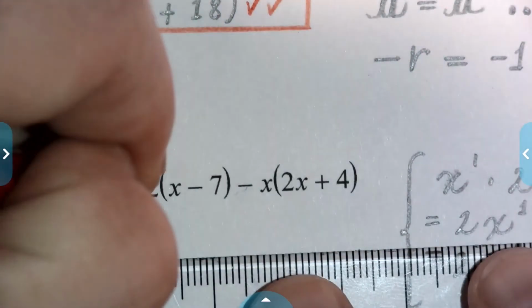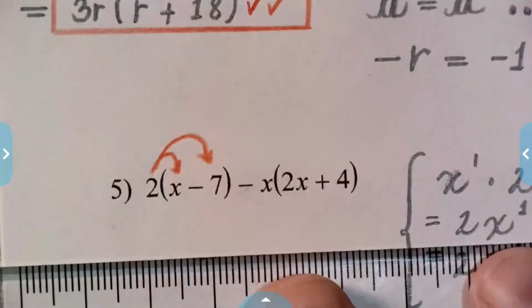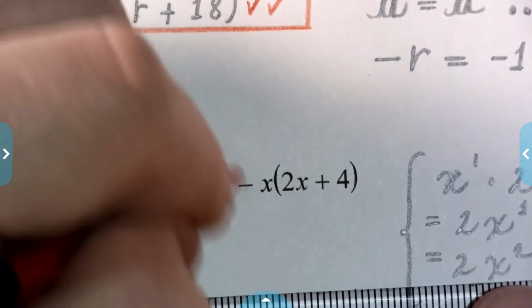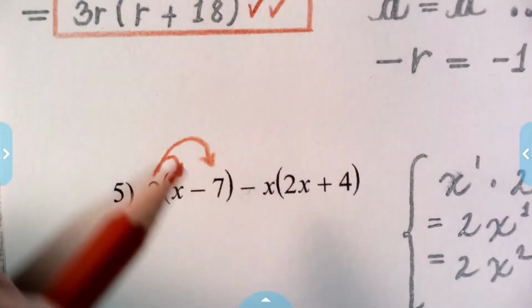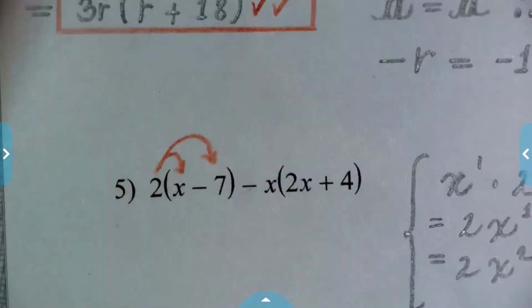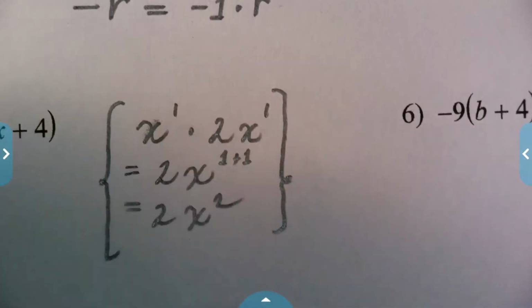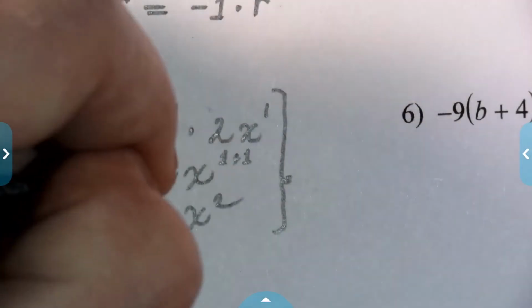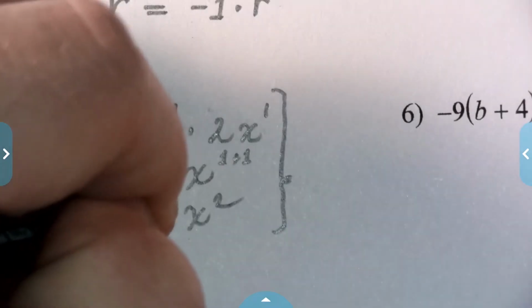We're going to distribute the 2 to the x and 2 to the negative 7. And then you can go about this in a few ways. Let me actually modify my thing here. How about negative x to the first times 2x equals negative 2x to the 1 plus 1 is negative 2x squared.